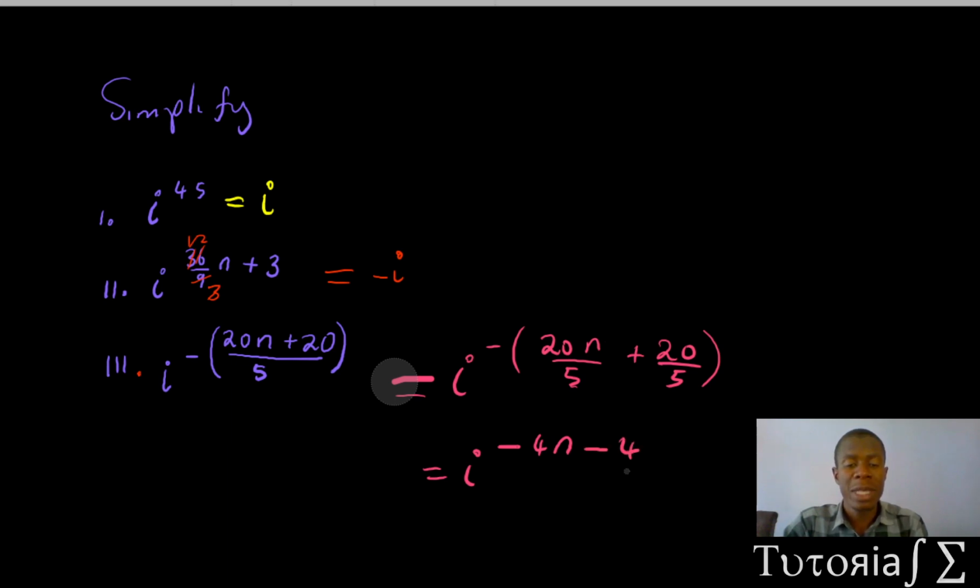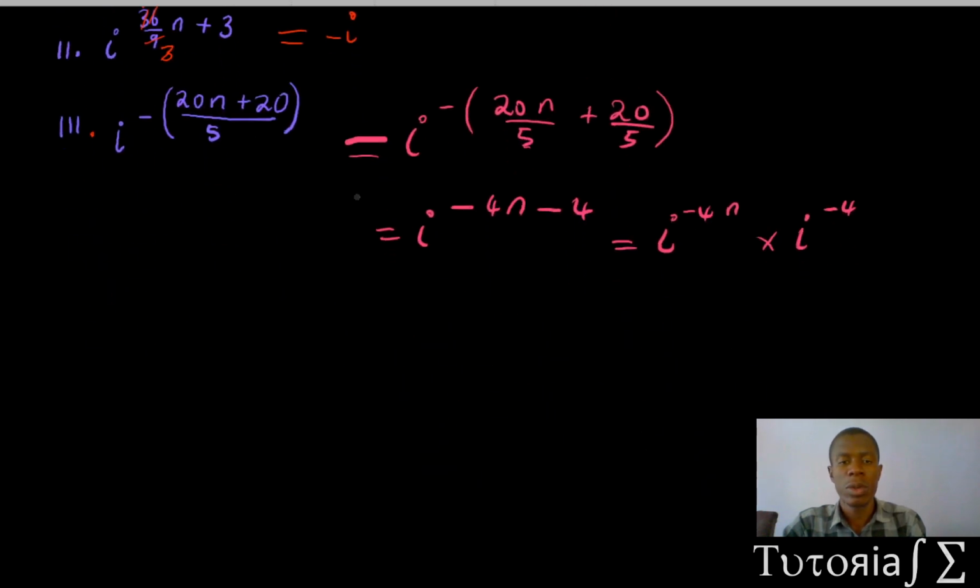Then from here, powers are adding, so this can be written as i to the power -4n times i to the power -4. If you wanted, you could divide, so this would have been i to the power -4n divided by i to the power 4, and then simplify, but in this case we can just follow it like that. So this can be written as i to the power 4, then times -n, which gives us -4n.